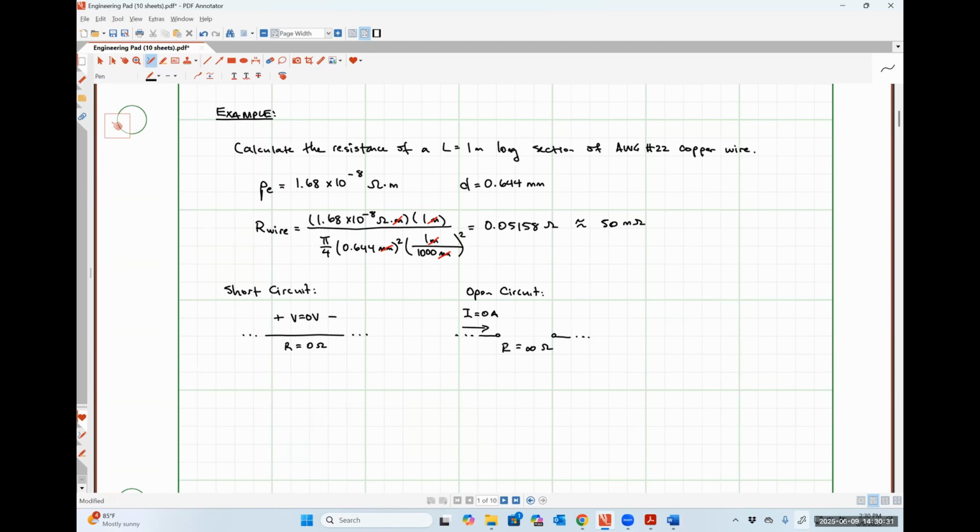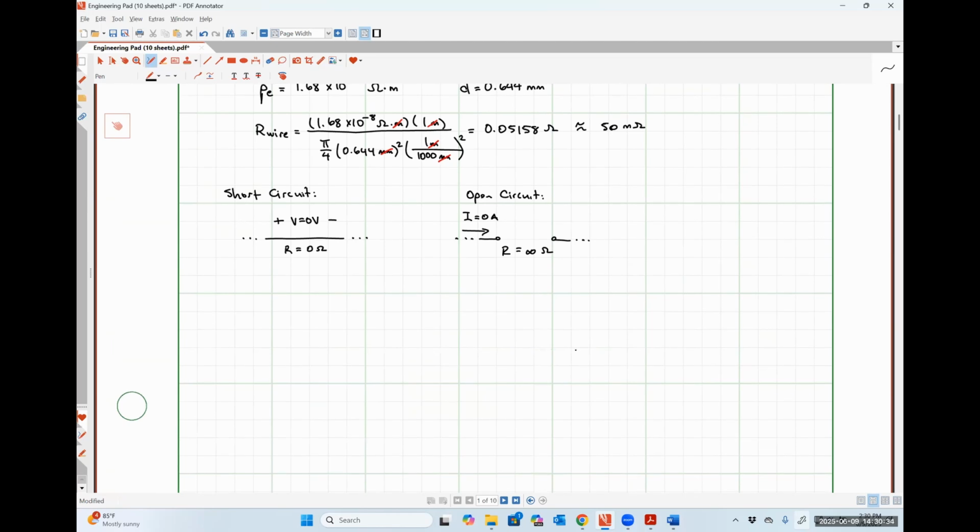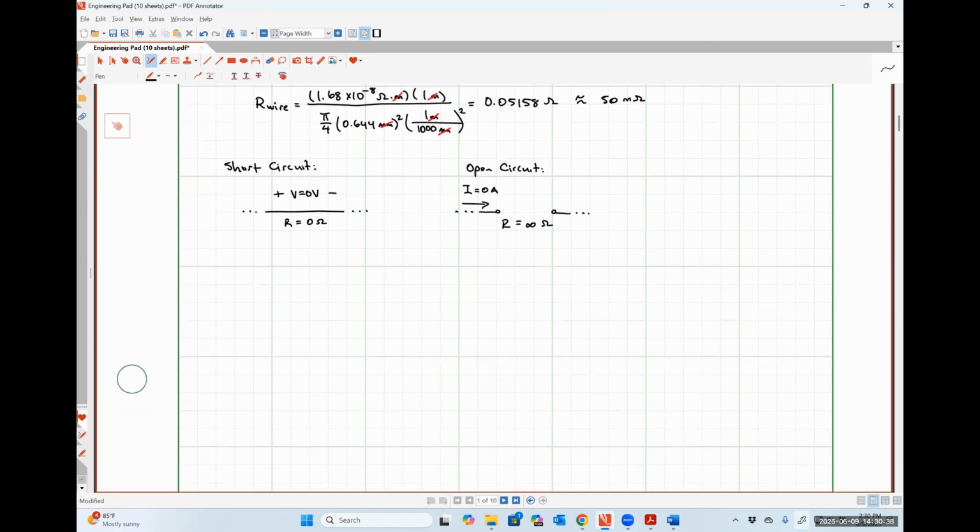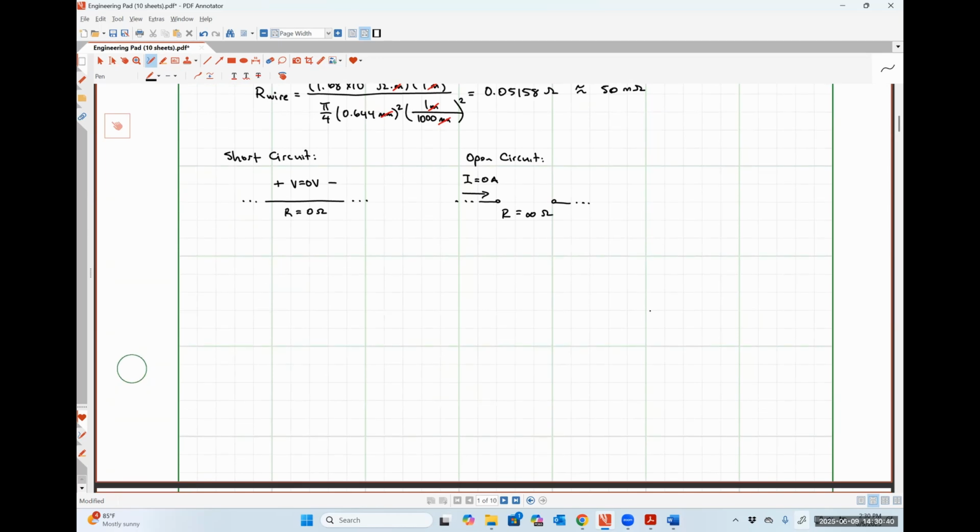So I'm going to wrap up this discussion on Ohm's law with just a few power relationships. In our previous class meeting, we learned that power, P, was simply the product of voltage and current.